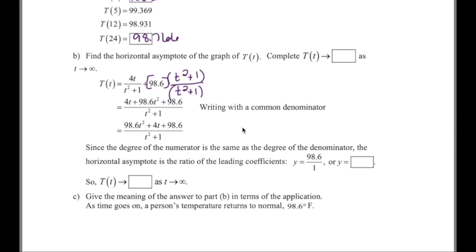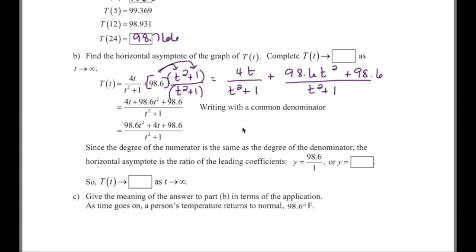This gives us 4t over t squared plus 1 plus, distributing here, 98.6 t squared plus 98.6 all over t squared plus 1.